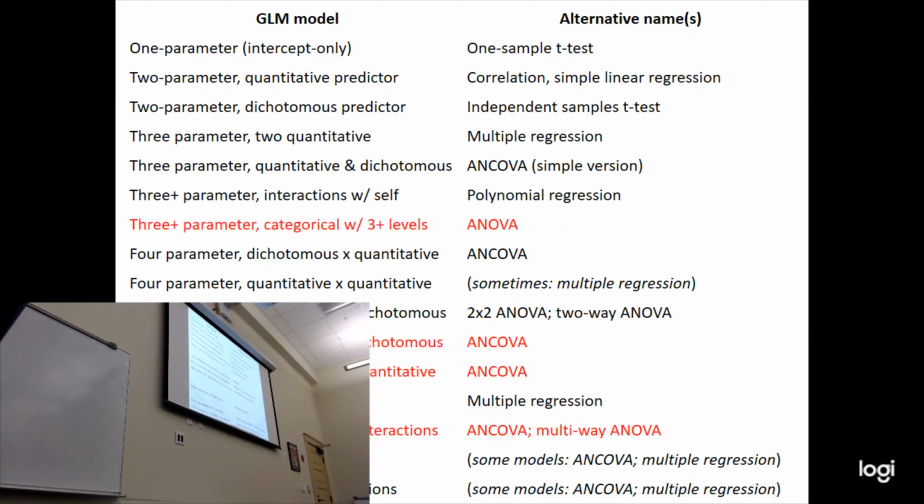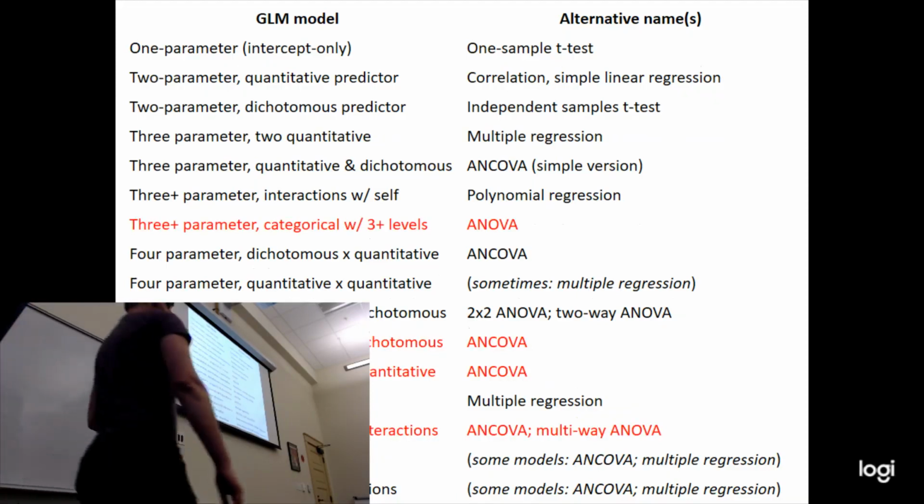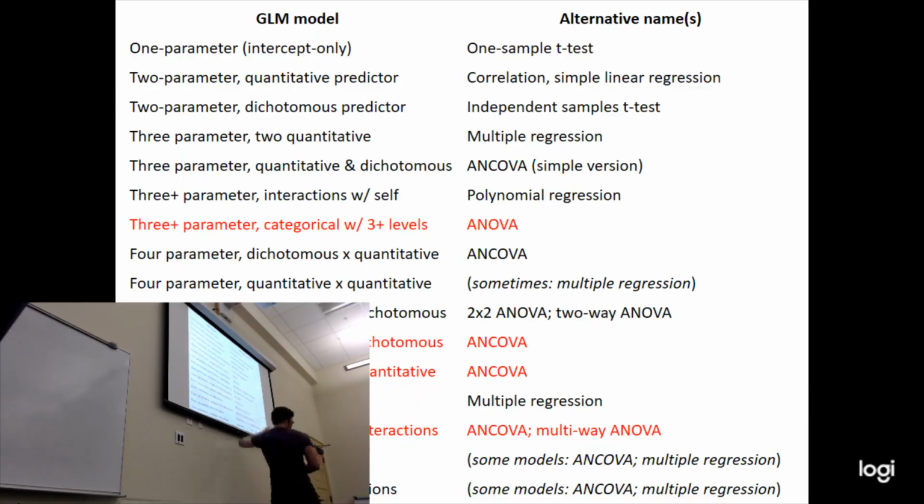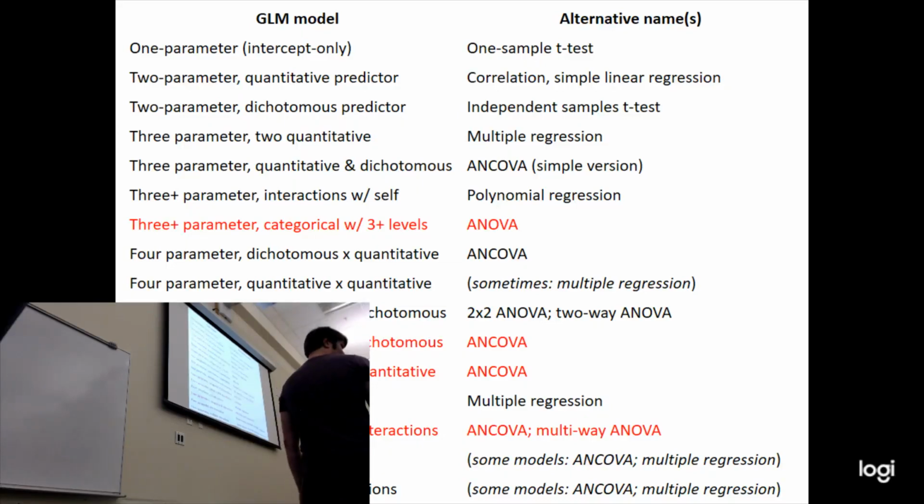We've added these 4 specific types of situations, each of which has their own name. So ANOVA, ANCOVA, multi-way ANOVA. And like I said, this is everything that you might want to do with the general linear model. Like, this is it. Congratulations.